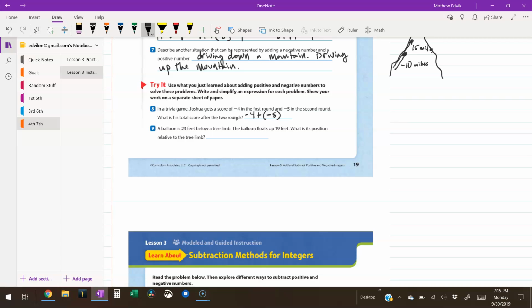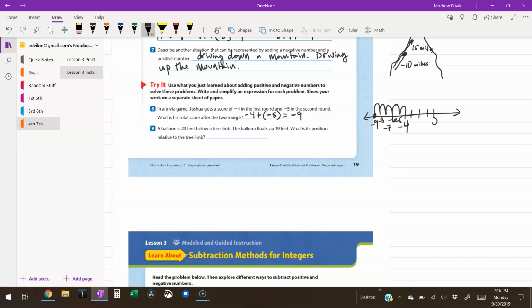And we learned yesterday that whenever we add 2 negatives together, the answer is going to be negative. And so -4 plus -5, if I was going to draw a number line, and here's 0, and there's -4, and then I go 5 this way, 1, 2, 3, 4, 5. What is this? -5, -6, -7, -8, -9. -4 plus -5 is -9.